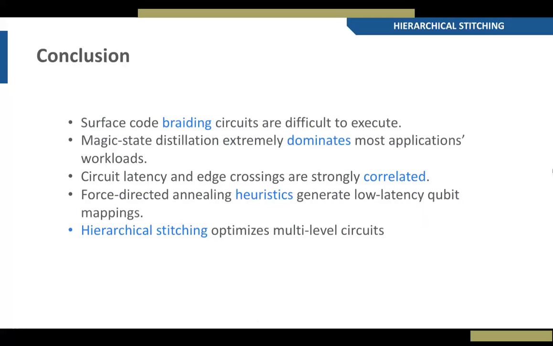That's why our optimization technique performs really well on circuits that have hierarchical structure. And as Adam mentioned very early on, our tool can automate the detection of those structures and apply to a larger set of circuits, not only magic state distillation circuits.